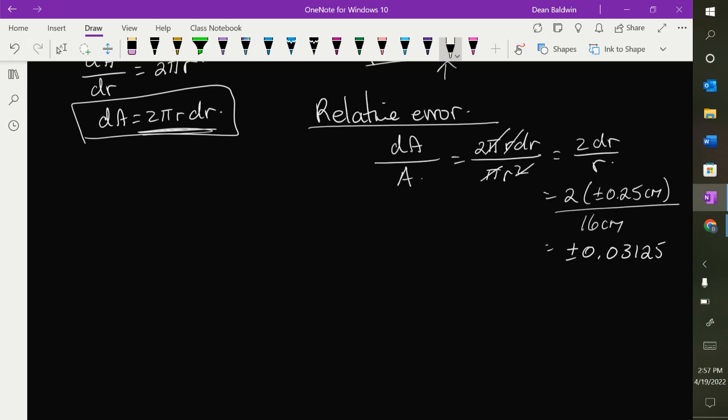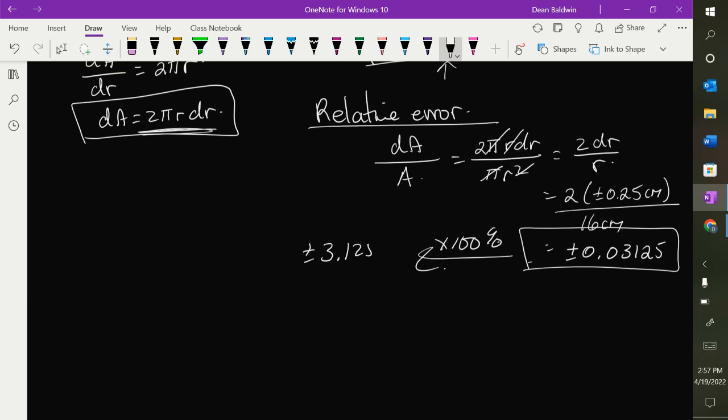Now, that doesn't really mean a lot, so that's called the relative error. But what is that as a percentage? Well, multiply by 100%, and you get plus or minus 3.125%. That is the percent error.